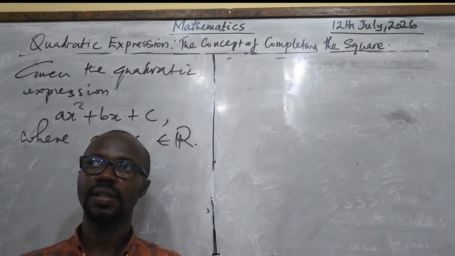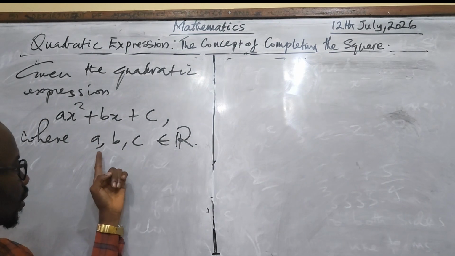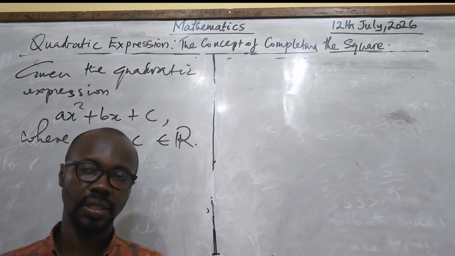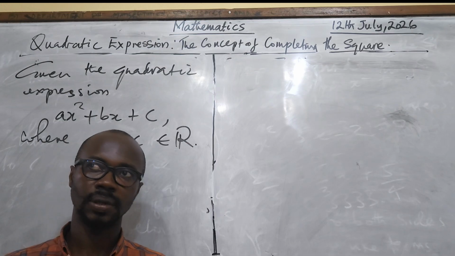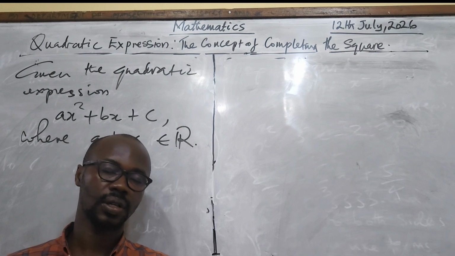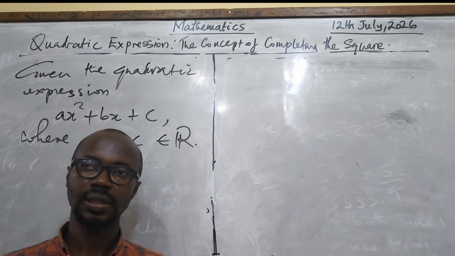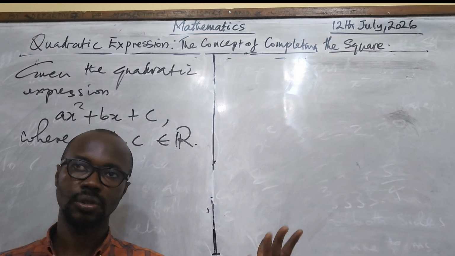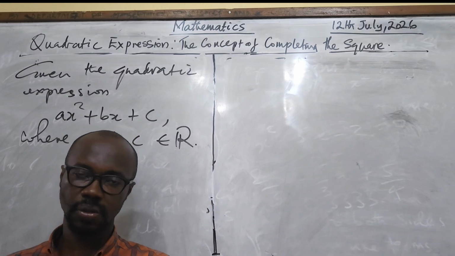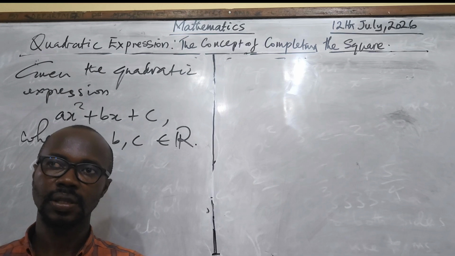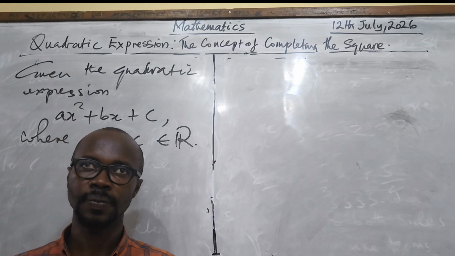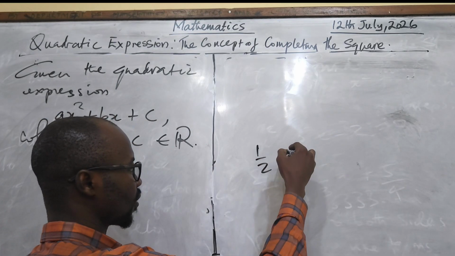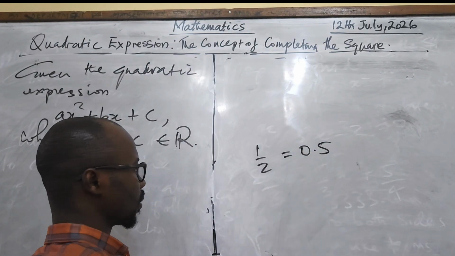By real numbers I mean that a, b, and c can take a natural number, for instance 1, 2, 3, 4 and so on. It can also be an integer, either negative 2, negative 3 and so on, or 1, 2, 3 and so on. It can also be rational numbers. In this case, of course, rational numbers are fractions with finite decimals, okay?